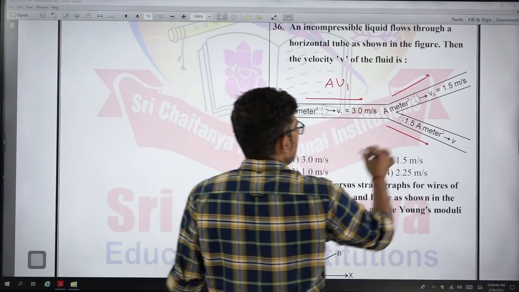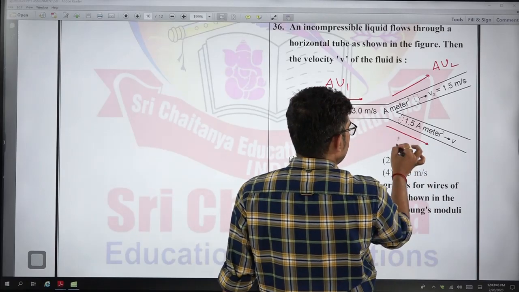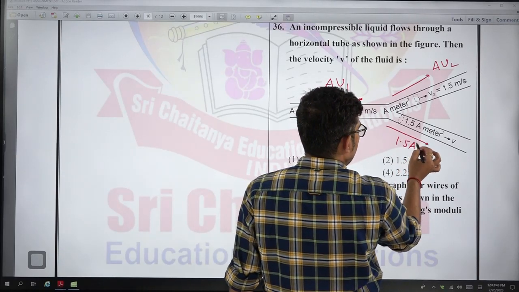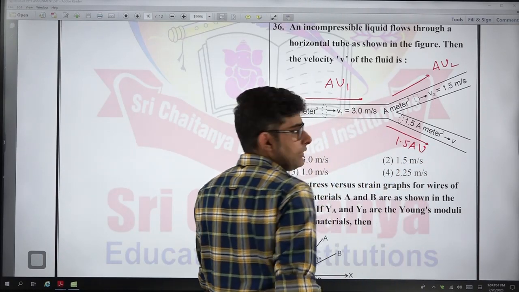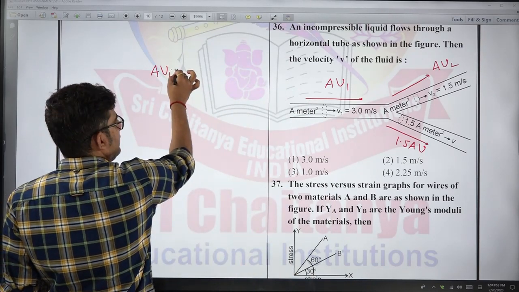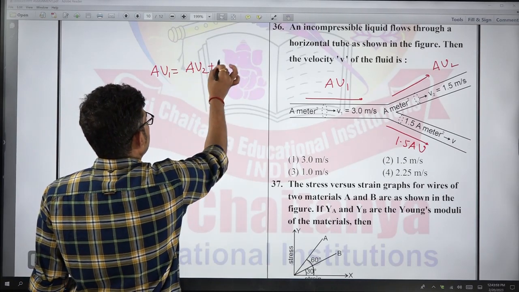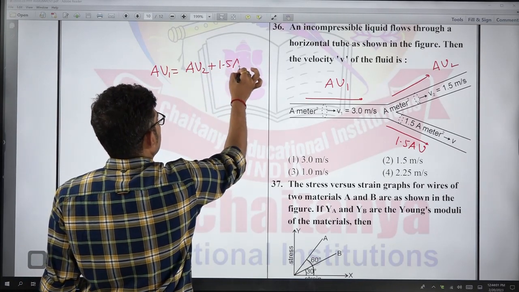A V1. What is the volume rate here? A V2, and this is 1.5 AV.